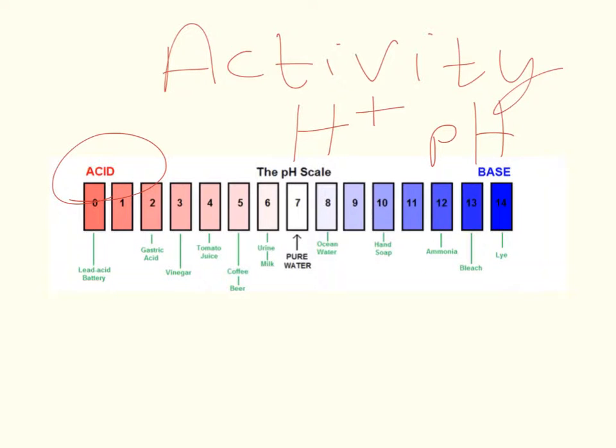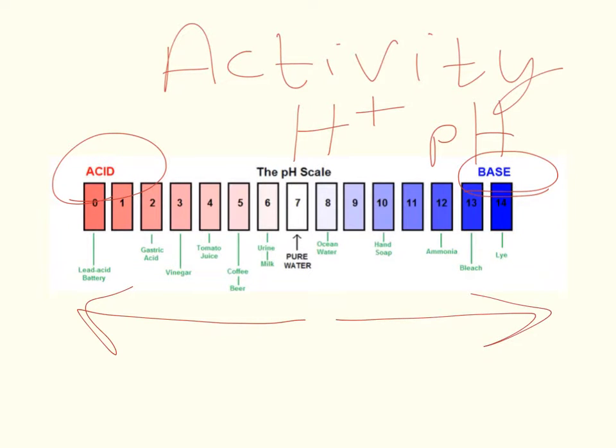A strong base up here is indicated by a pH of 13 to 14. So again, a strong acid is in this direction, a strong base is in this direction.